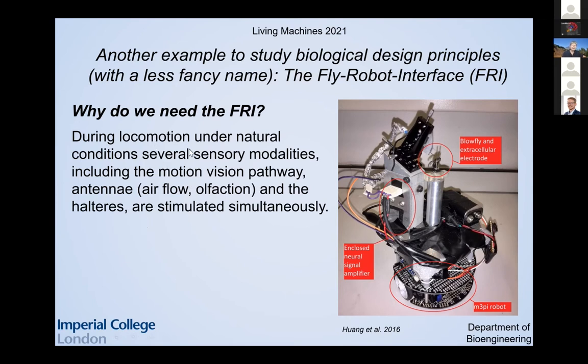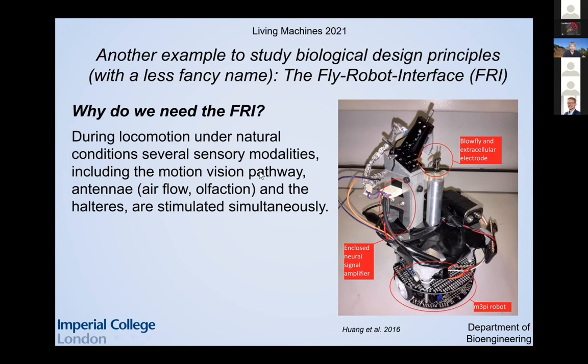Now, why do we need this? This is where it's really important to emphasize again that engineering helps neuroscientists to find new ways of investigating systems and trying to deepen the understanding of how sensory motor control works.